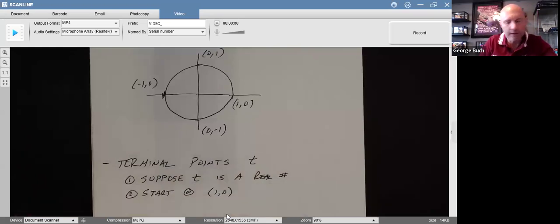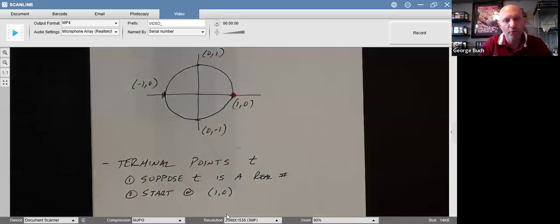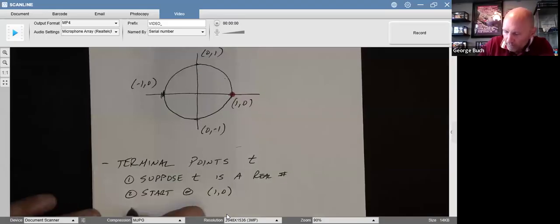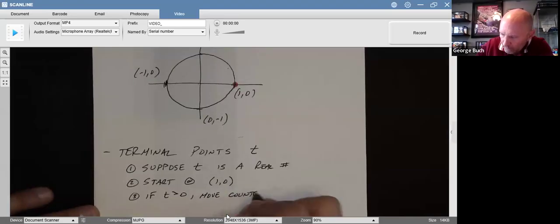So this guy out here is always our starting point. Now, if t is positive, so t is greater than 0, we move counterclockwise. And if t is less than 0, we move clockwise.